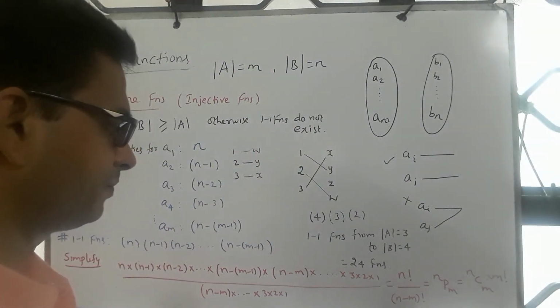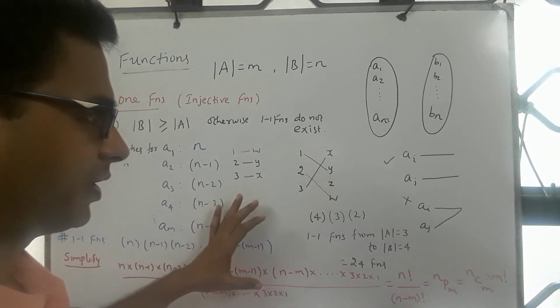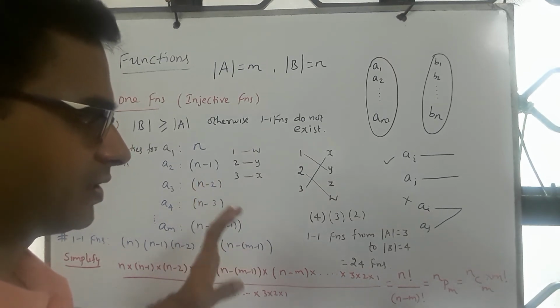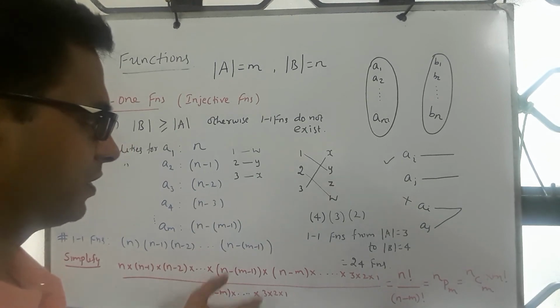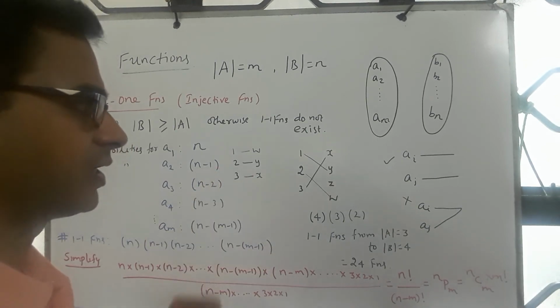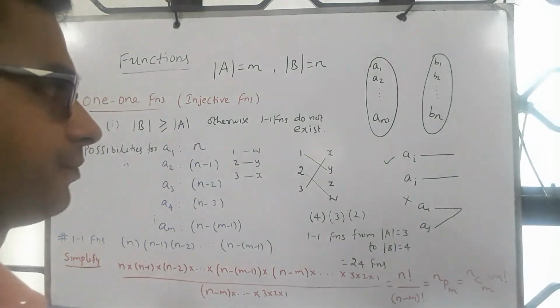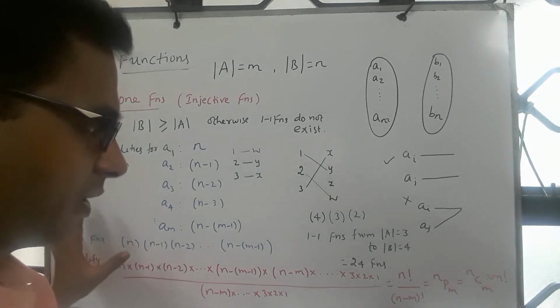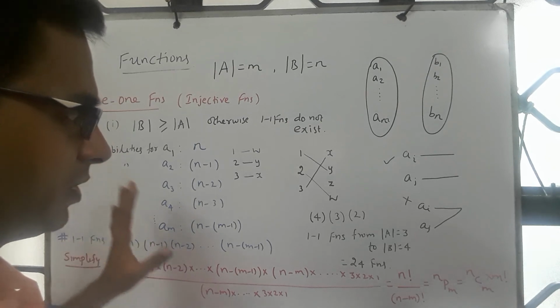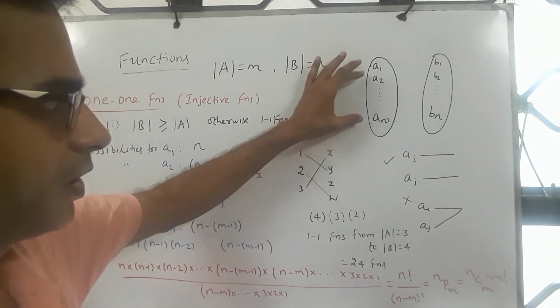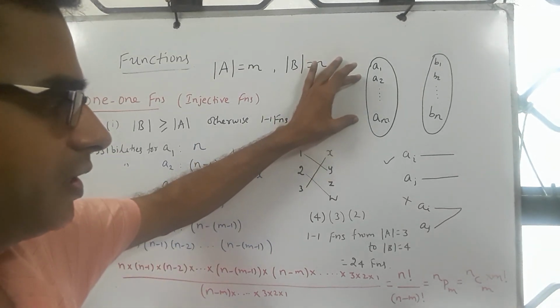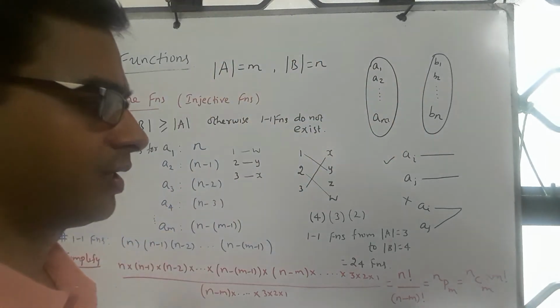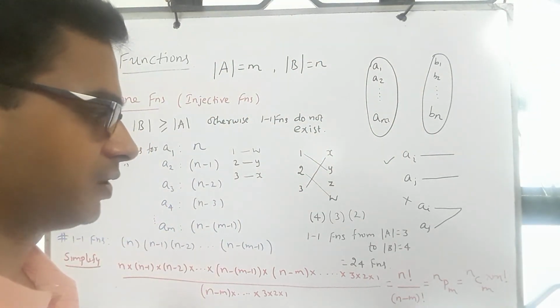Answer is yes. We shall now look at something called onto functions and subsequently bijective functions, where we shall revisit this property. So this is a special function having this property, that no 2 elements in the domain have the same image on the codomain.